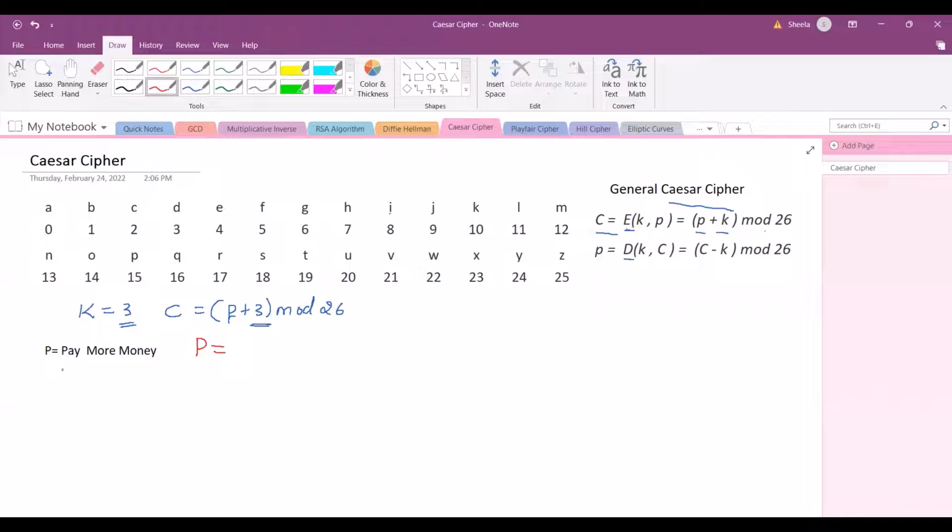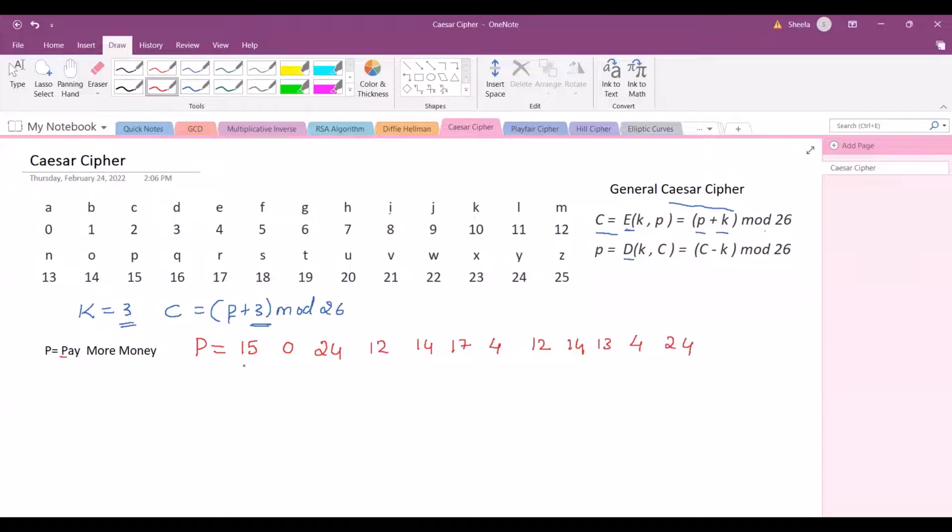So here the number assigned for the letter P is 15. So I'll get this as 15, and for A it is 0, Y it is 24, for M it is 12, and O it is 14, R 17, and E 4, again M 12, O is 14, N is 13, E is 4, and Y is 24.